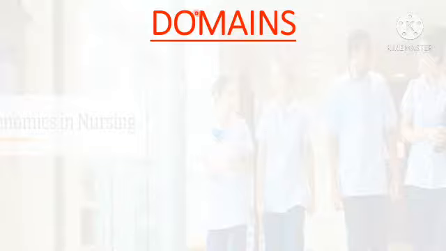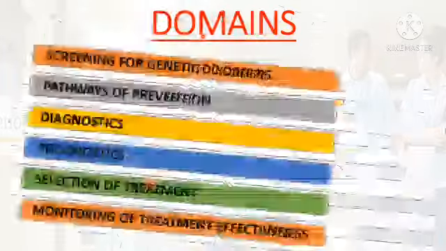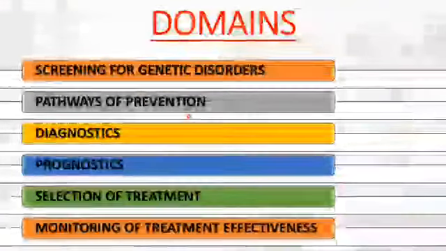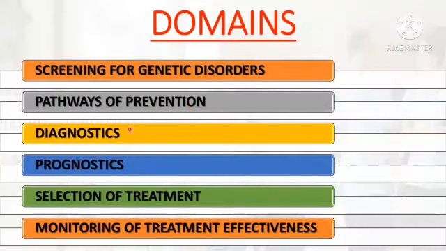Now let's see what are the important domains in genetics. So we can screen for genetic disorders, we can prevent genetic disorders, we can help in diagnosing the genetic disorder, we can tell the patients about the prognosis of a particular genetic disorder, the selection of treatment, and monitoring of treatment effectiveness.